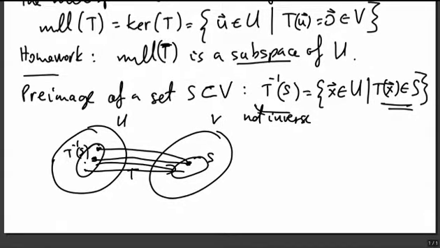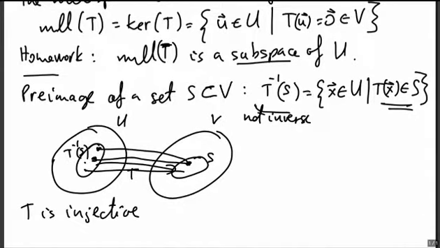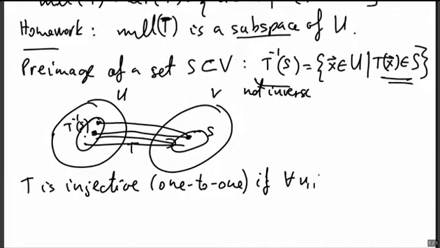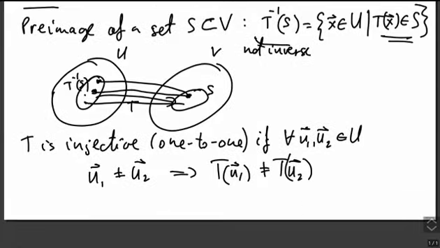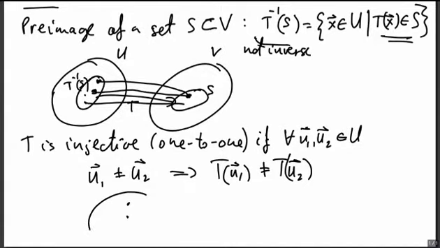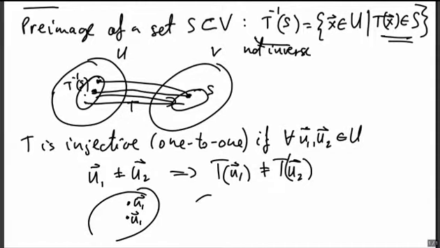Another definition, T is injective or one-to-one if for all u1, u2 elements in U, if u1 is different from u2, then it implies that T u1, the image of u1, is different from the image of u2. So what this says is that different vectors have different image under the transformation.